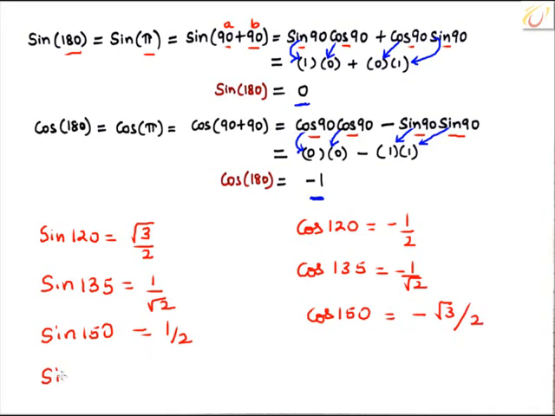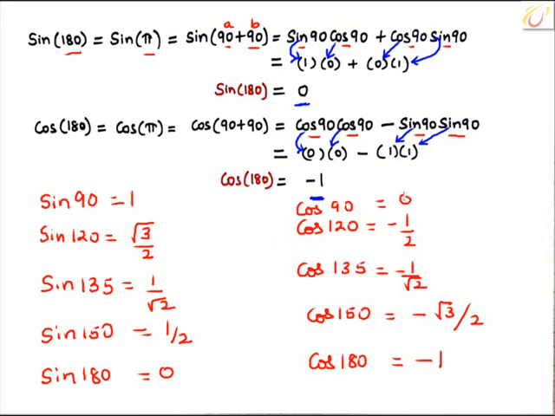Sin 180 was 0, as you can see in this slide, and cos 180 was minus 1. Originally you can take sin 90 as 1 and cos 90 as 0.